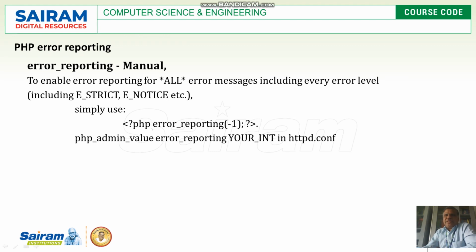How do you report errors manually? Error reporting using manual format: enable the error reporting all function, which gives error messages including every error, including E_STRICT and E_NOTICE. So you will use these things: error_reporting(-1), and php_admin_value error_reporting in your HTTPD config.